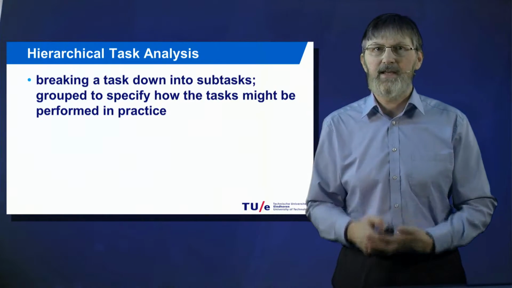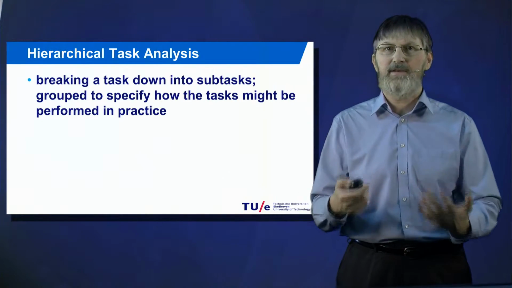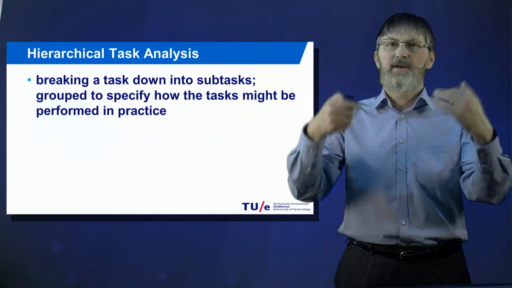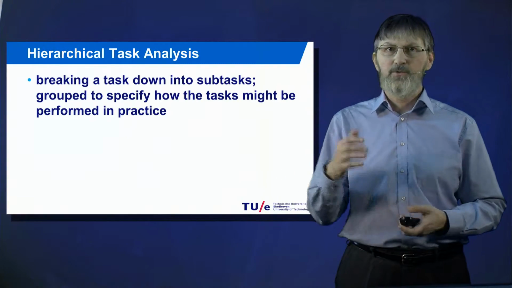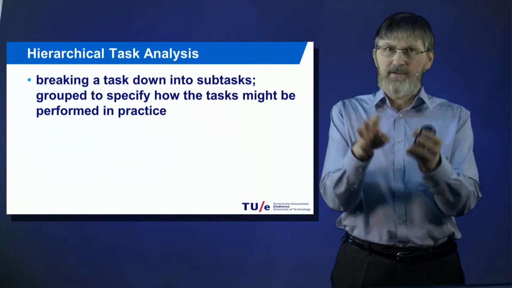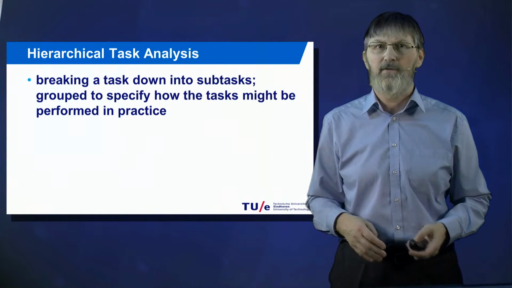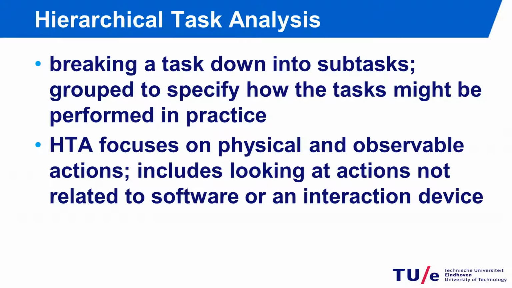Hierarchical task analysis breaks down a task into subtasks and each subtask into smaller subtasks. They are grouped to represent how tasks are actually done in practice. So the focus is on physical, observable actions, things the users really do.